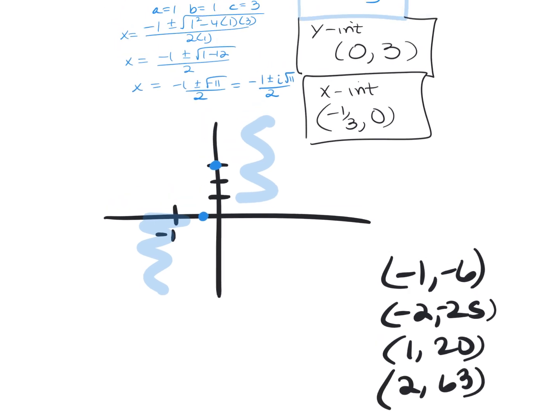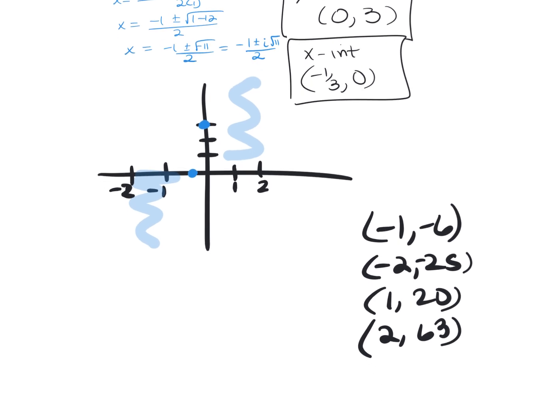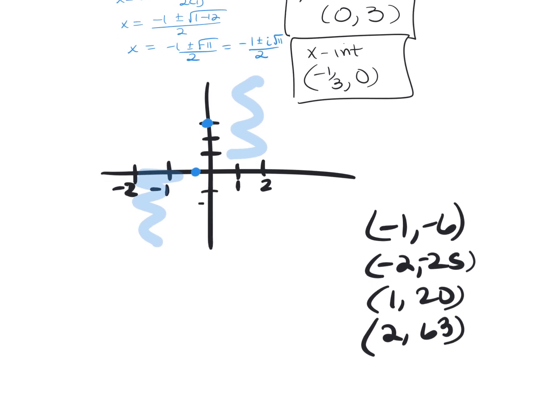So our graph should look something like this. And then a 2. And then what you could do is negative 1, negative 6, 1, 2, 3, 4, 5, 6. And it's like here. And then negative 2 and negative 25, something way down here.